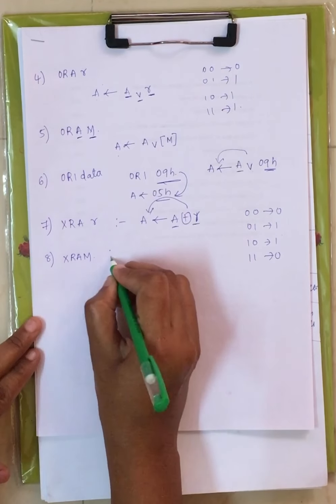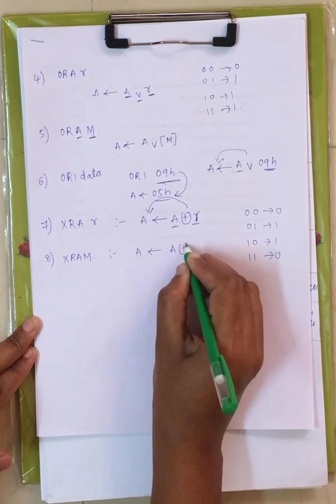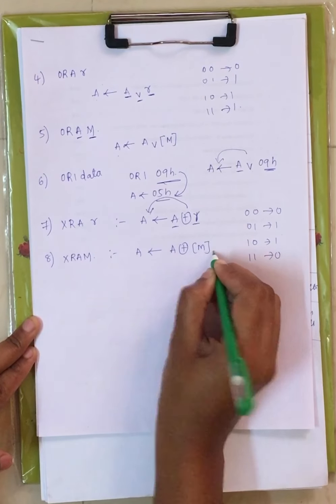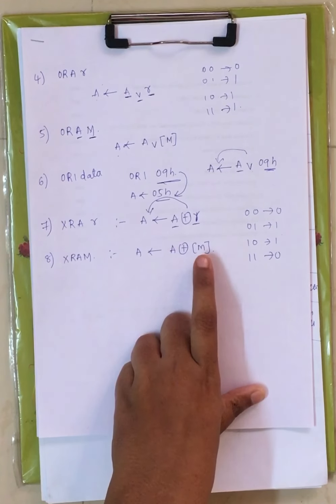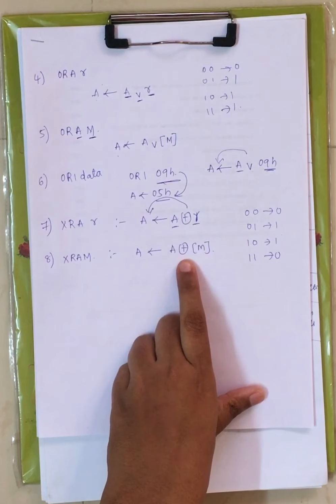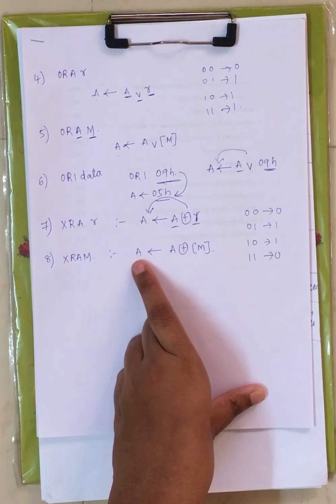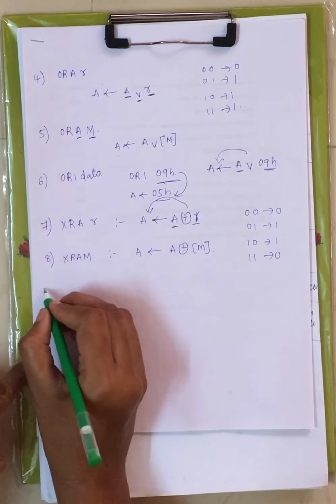Now what will this instruction do? Between the contents of the accumulator and the contents of the memory location, the memory location will store some data. With that data and the data stored in the accumulator, we are performing the XOR operation, and the result is stored in A itself, right?